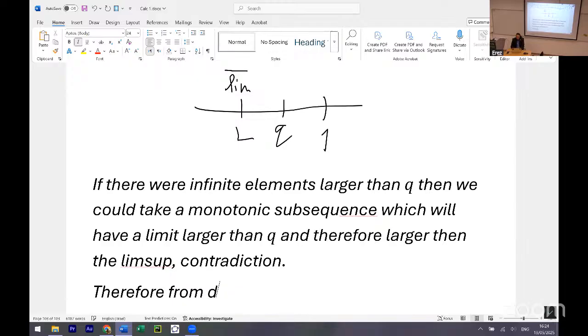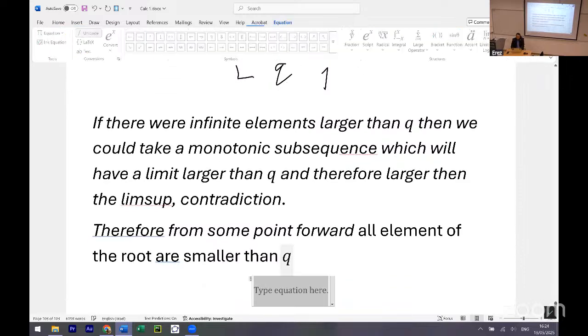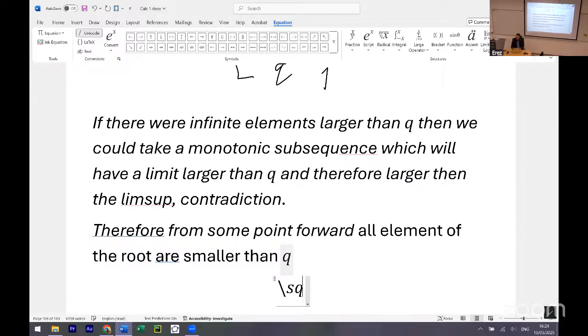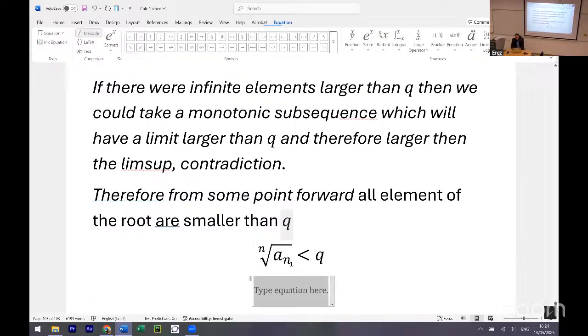So therefore, from some point forward, all elements of the root are smaller than Q, meaning all of them, not a subsequence. So the n-th root of a_n is smaller than Q from some point forward. Therefore, a_n is smaller than Q to the n.